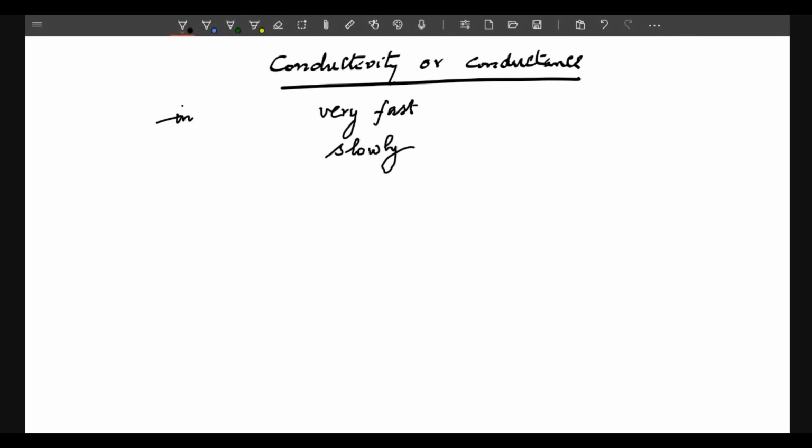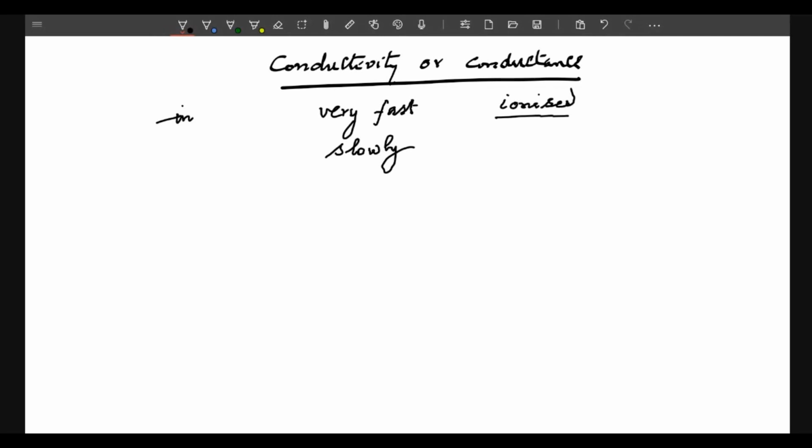Why are some electrolytes conducting very fast and some very slowly? Research has been carried out on that over a very long period, and they found that some electrolytes, when dissolved in water, are almost completely ionized. And you know, the ions are responsible for conducting the electricity.